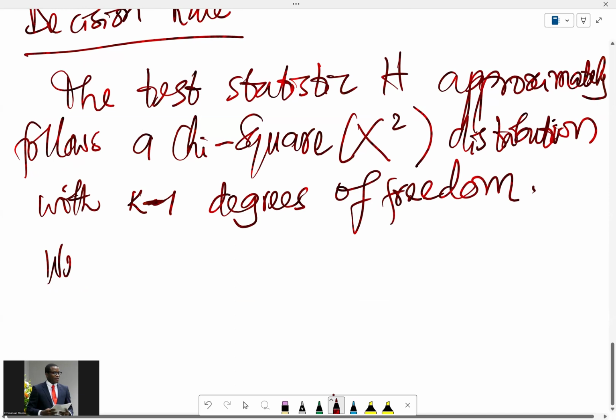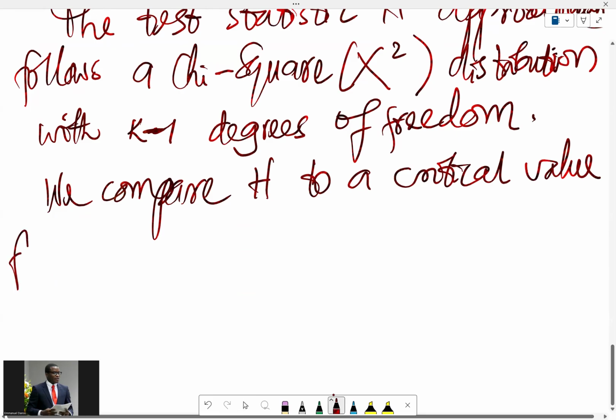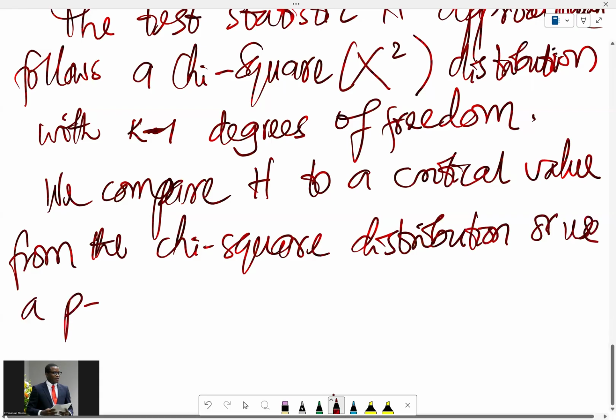So we compare H to a critical value from the chi-square distribution, or use a p-value.